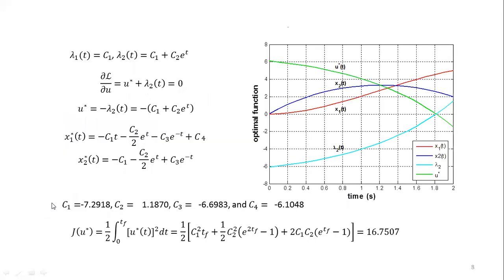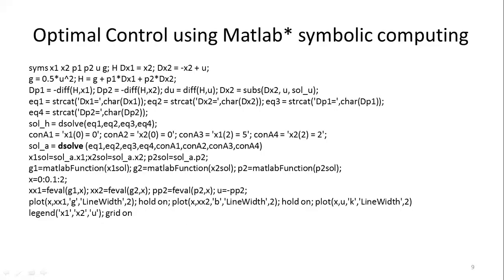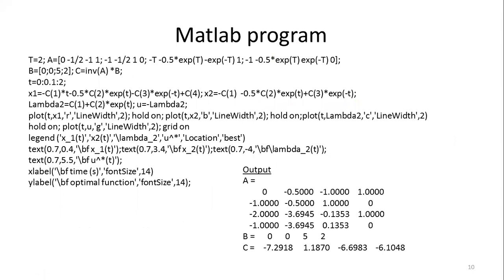The result that I showed over here was obtained by using both symbolic computing and by a straightforward Matlab program, which you can see that you solve the equations as I showed you. The 4 constants C1, C2, C3, C4. So you can just copy this program from here and run it, and you'd get the same result.